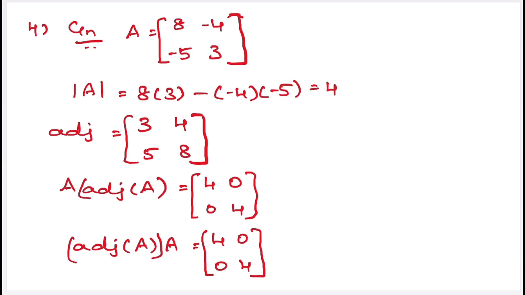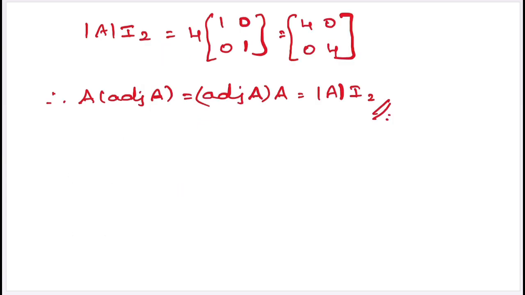Next, compute adjoint A of A. Multiply in reverse order, you should obtain the same matrix. That is, adjoint A of A is equal to 4 0 0 4. Next, find determinant of A into I2, that is multiply the determinant which you have found before by I2. That is determinant of A into I2 is equal to 4 0 0 4.